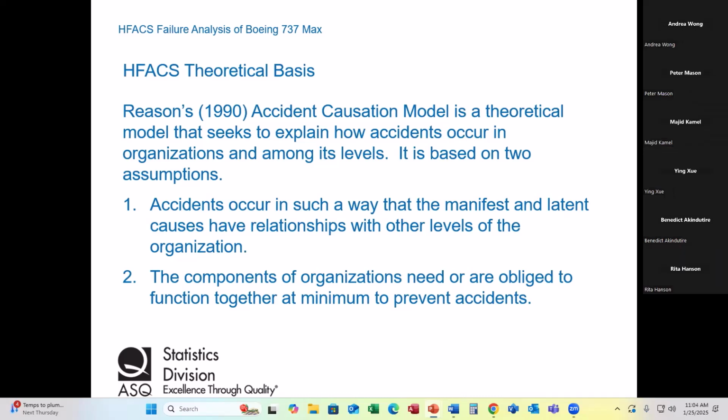Assumption one: accidents occur in such a way that the manifest and latent causes have relationships with other levels of the organization, so it's a multi-layered approach. The components of the organization are obliged to function together at minimum to prevent accidents. Accidents do not occur independent of the organization itself.